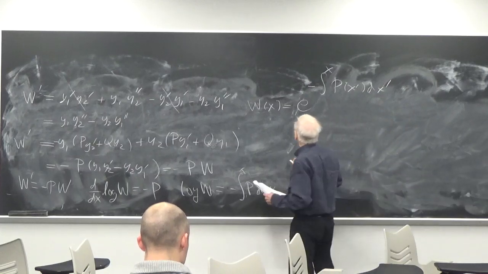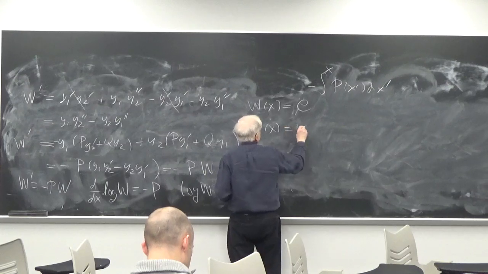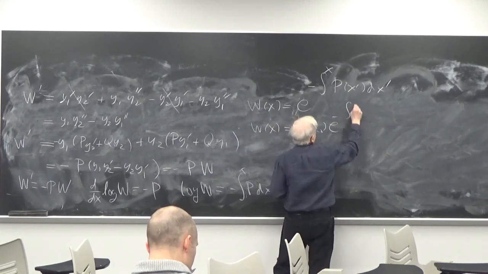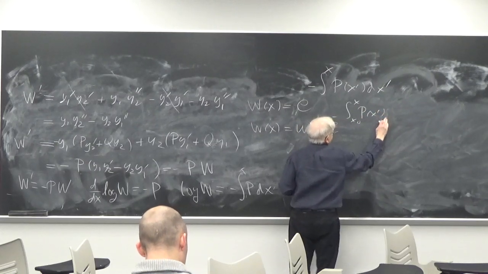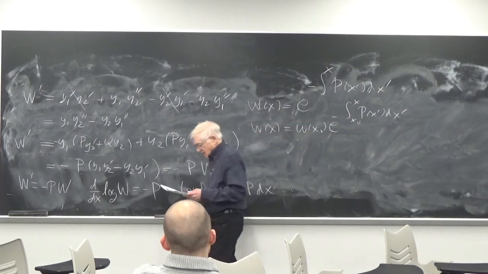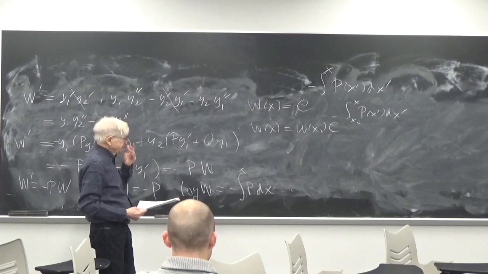And in fact, W of x is W of x0 times e to the minus integral from x0 to x of P of x prime dx prime. So this actually is Abel's formula.